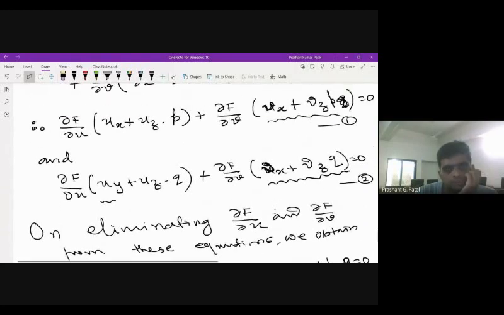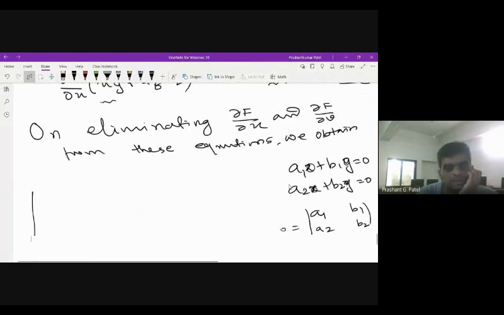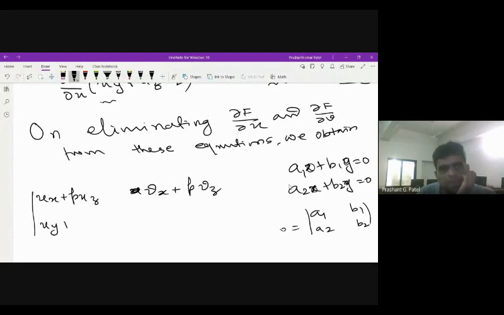So this will give you the determinant, because this gives a1, b1, a2, b2 equal to 0. Due to that we'll have ux plus p uz, vx plus p vz, uy plus q uz, vy plus q vz equal to 0.